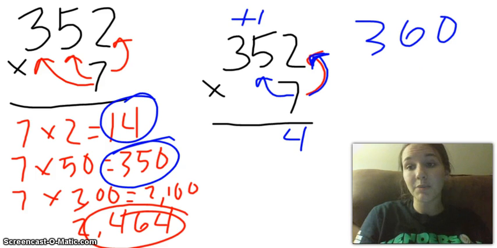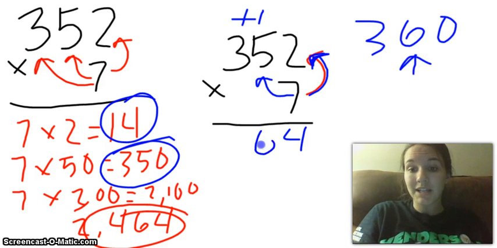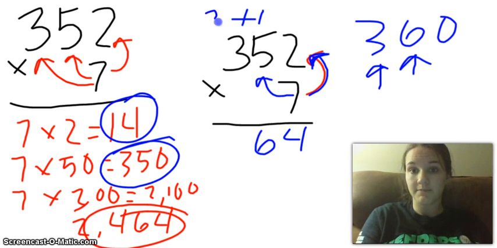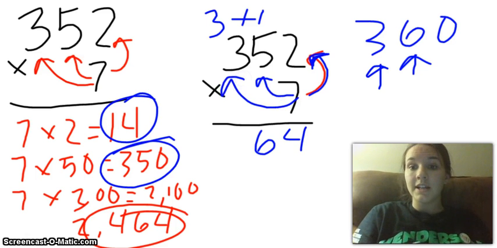In the tens place, there is a 6. So I'm going to keep my 6 tens, and I'm going to regroup my 300s over the hundreds place. Then I'm going to multiply hundreds. 7 times 300s would give me 2100s.